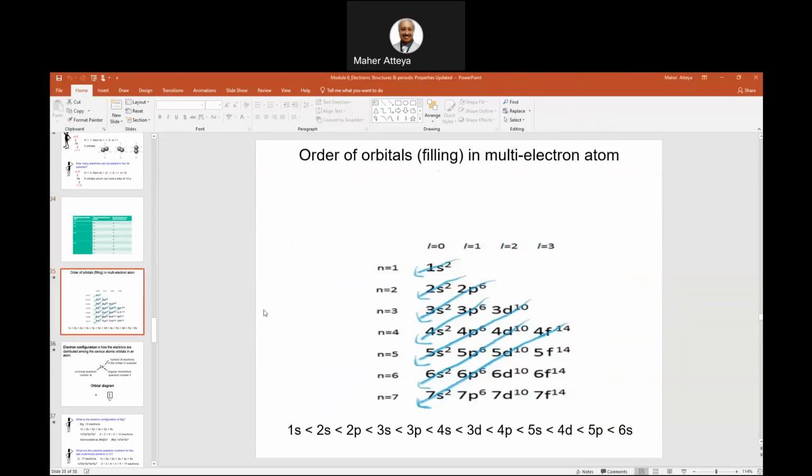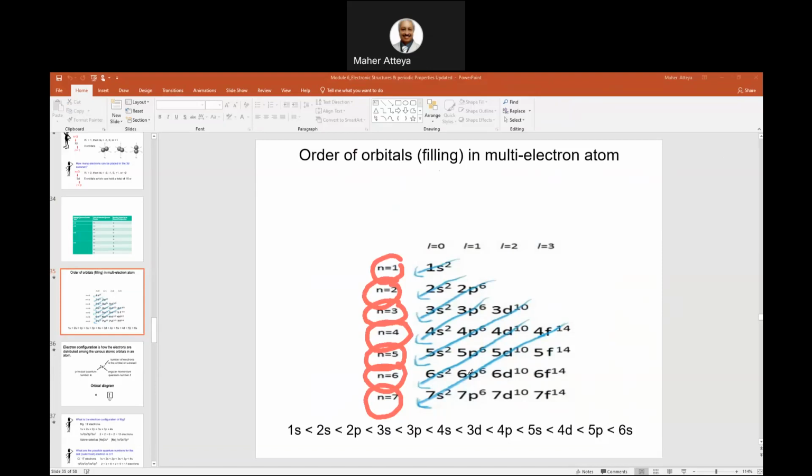You start with the first one, 1s. Then 2s, 3s, 4s, up to n equals 6. We have only 7 periods, so it can't be more than 7.